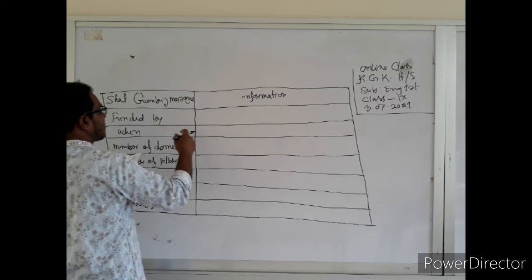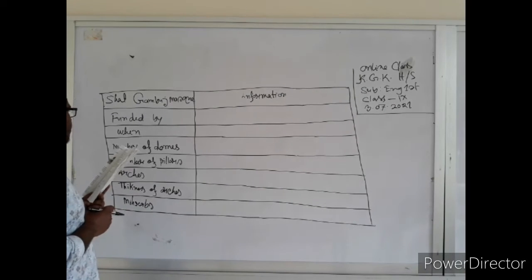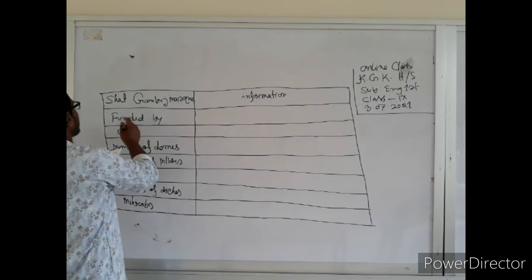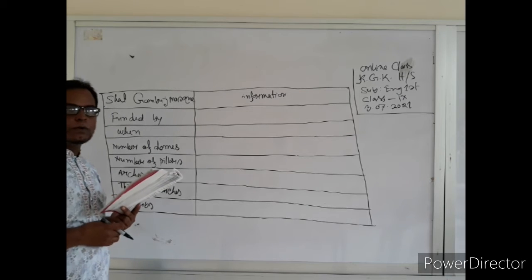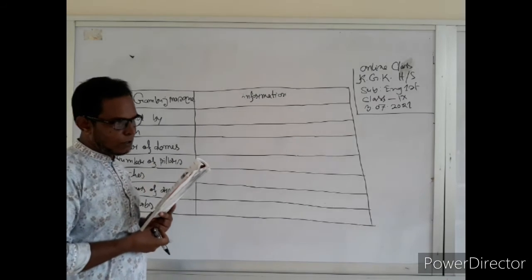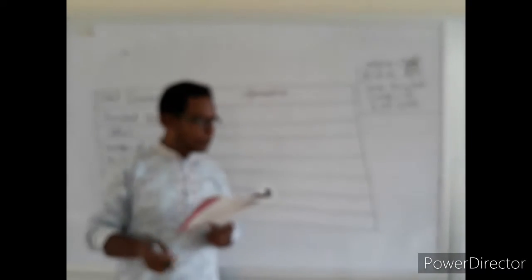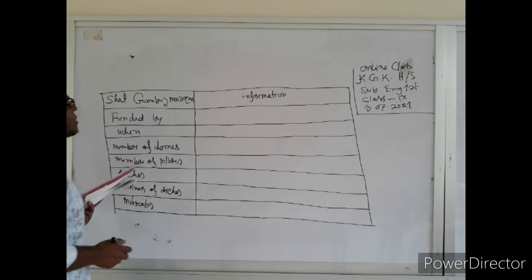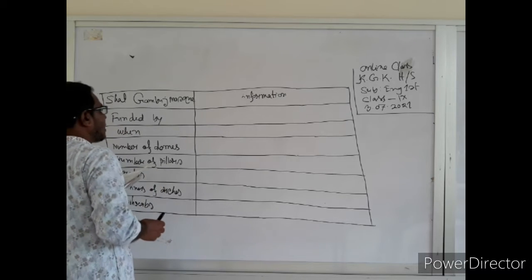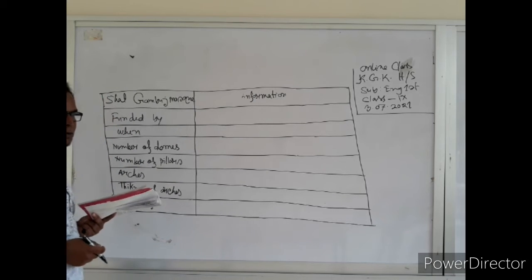According to the text, we keep some information in this portion. At first, founded by. This means who founded this mosque. We know that the Turkish general Khan Jahan founded this mosque.